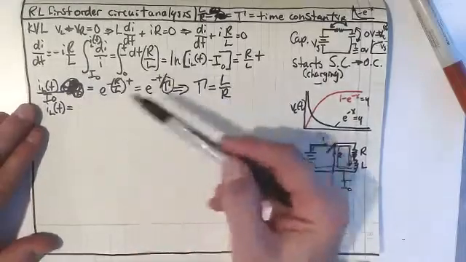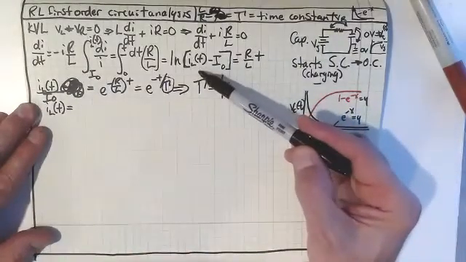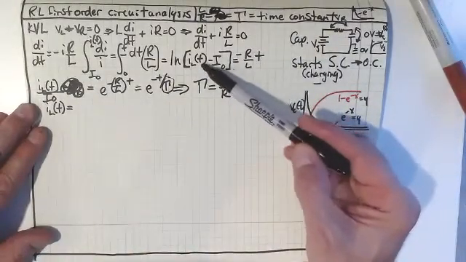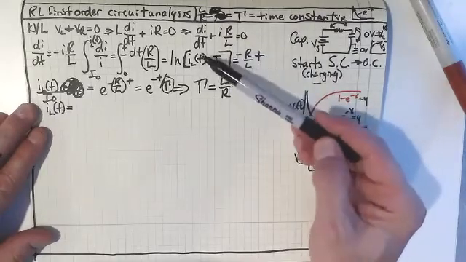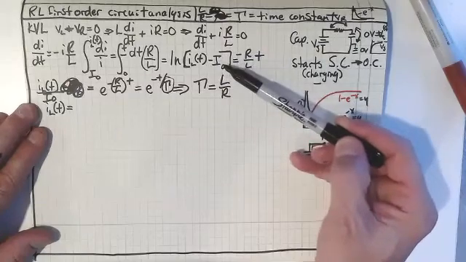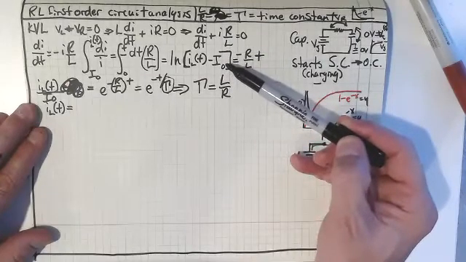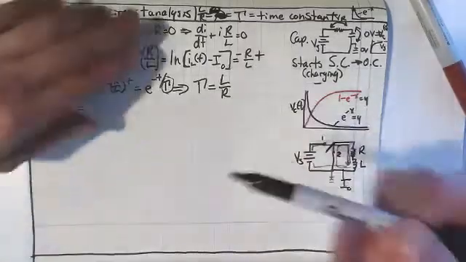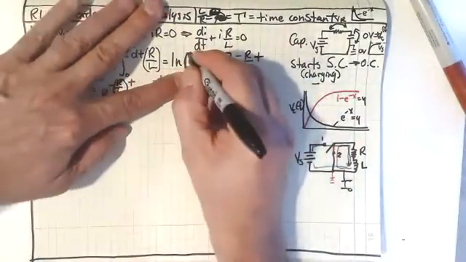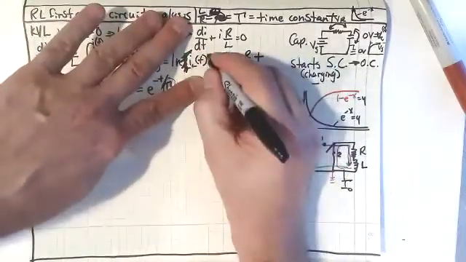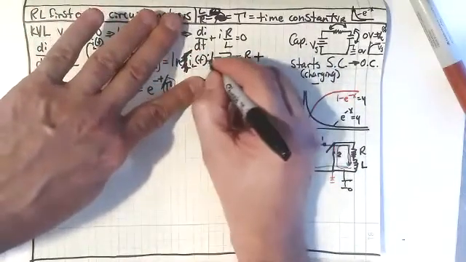I could have done it one of two ways. That would have been the natural log of I of t minus the natural log. This should have had a natural log in front of it, and that should not be there. There should be a minus a natural log there.